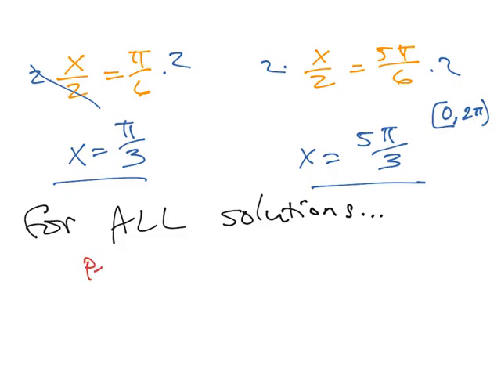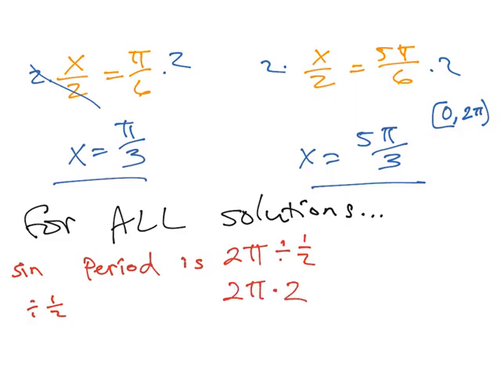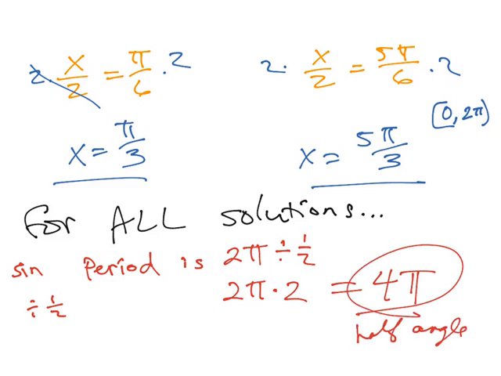So if you think about the period of the sine function, the sine function is 2 pi. But we are dividing by 2, or dividing in half. So if I divide this by 1/2, well, if you divide by 1/2, you are really multiplying by 2. So our period for a half angle is 4 pi.